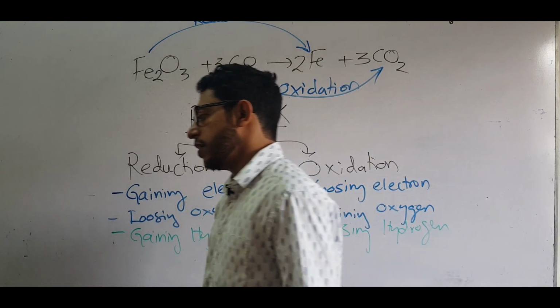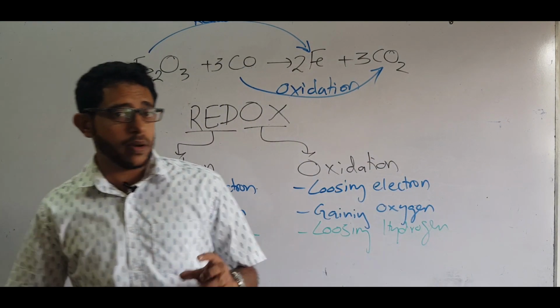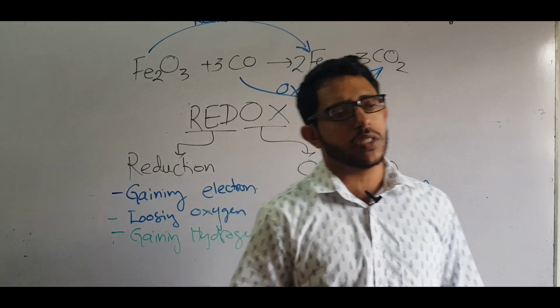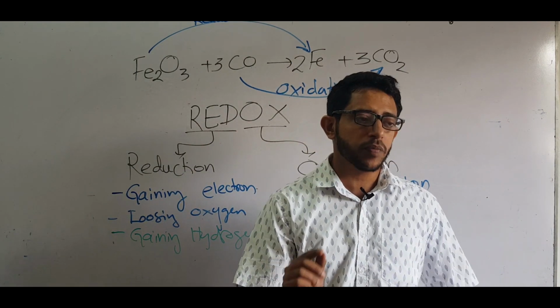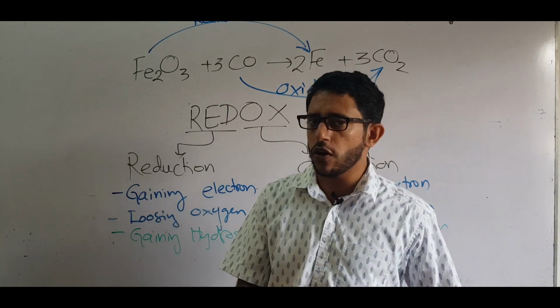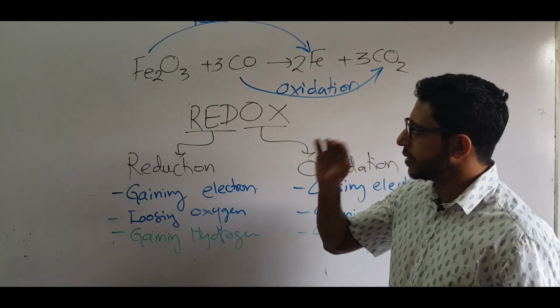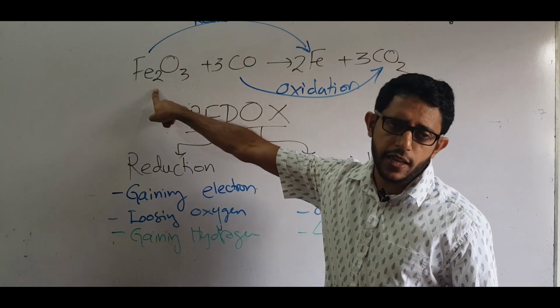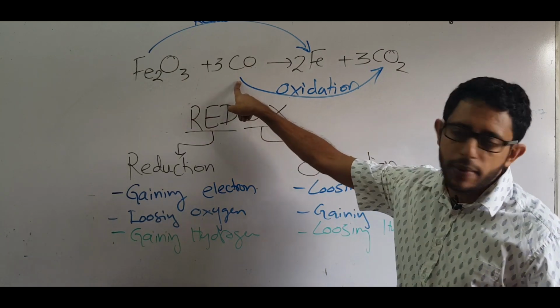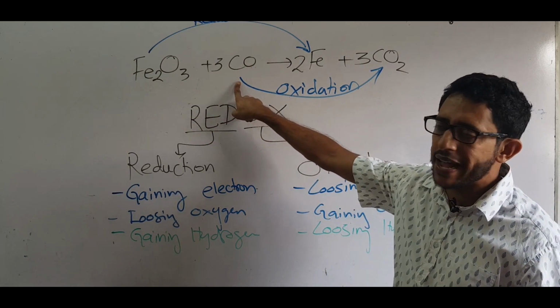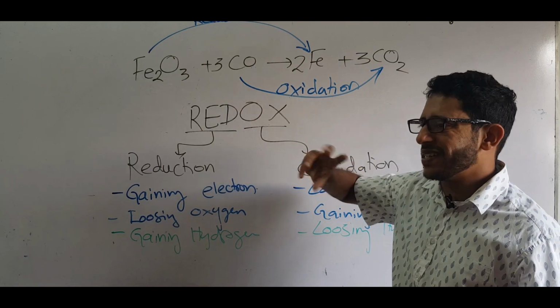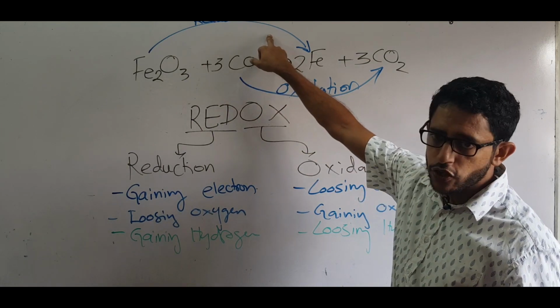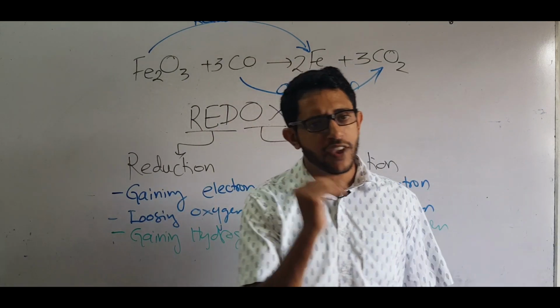Generally it is correct, but you have to remember the exact term: we should use oxidation or reduction for the element, not for a compound or a substance. The correct way is Fe has been reduced, carbon is oxidized, or carbon has oxidized. Even though we say Fe2O3 is reduced, the correct one is Fe is reduced.